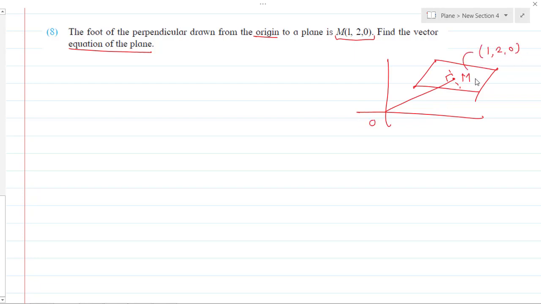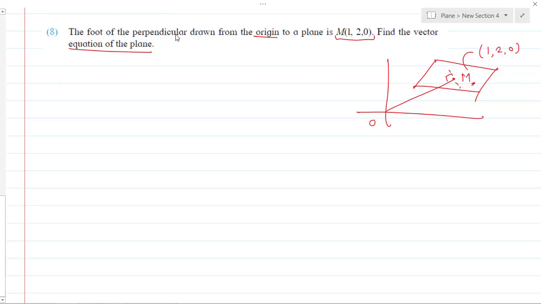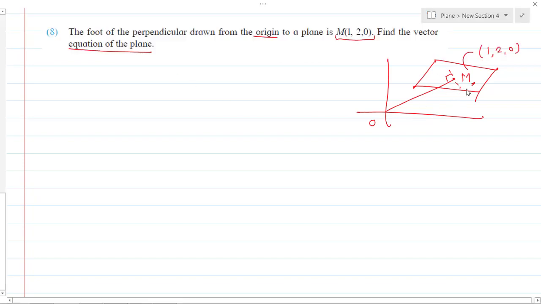If this is M, can I say our plane is passing through the point M? Yes. And OM bar becomes the normal vector to the plane, because it is perpendicular, and M is lying on the plane.